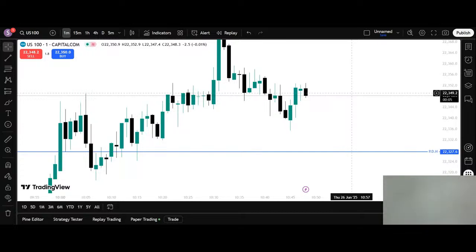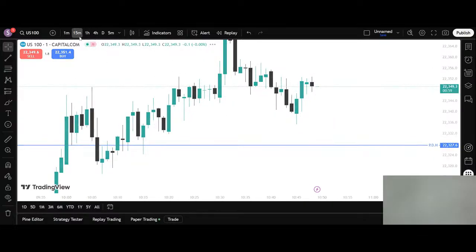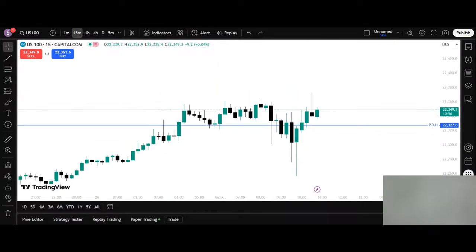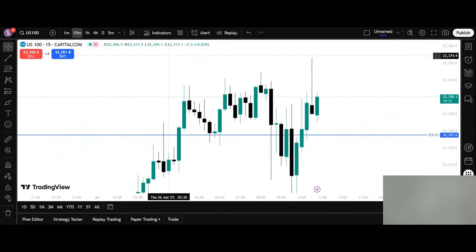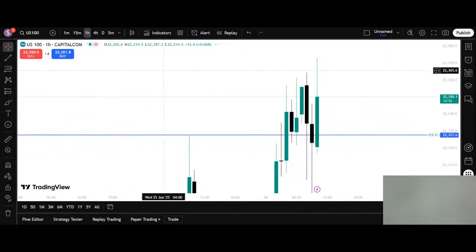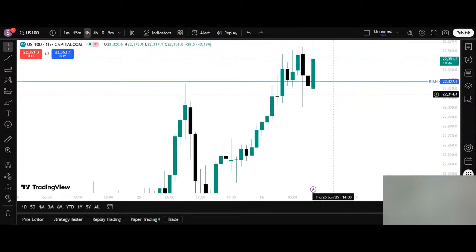I want to see a sell trade, a good setup. Will I get it or not? That we could wait for. Hmm.